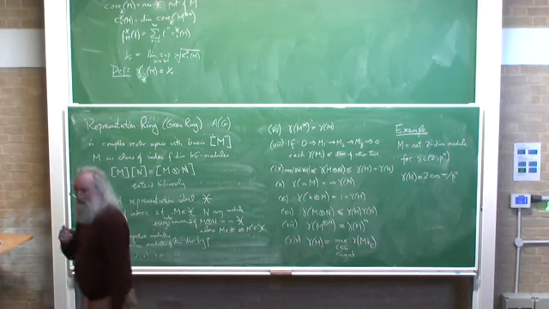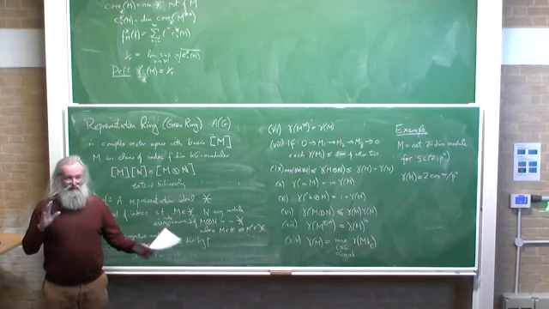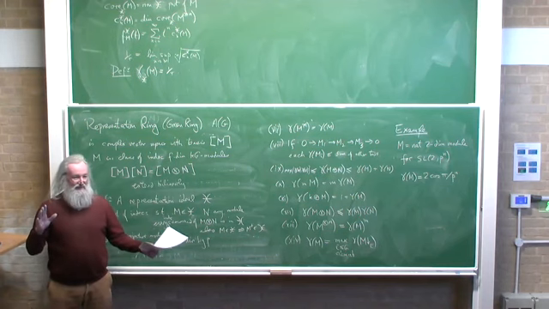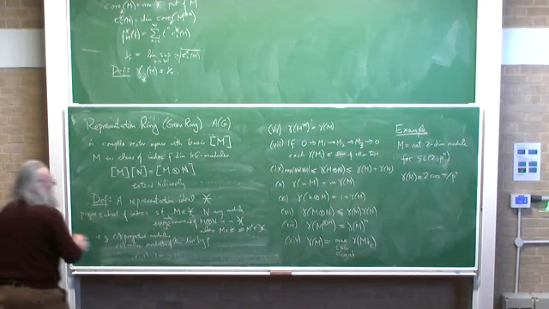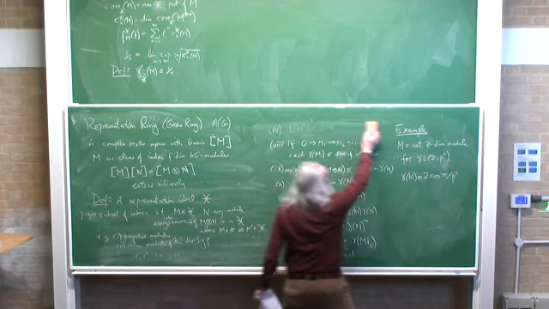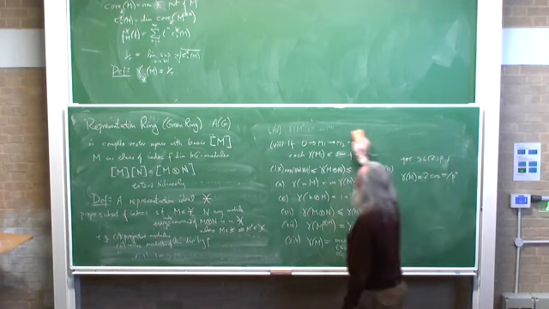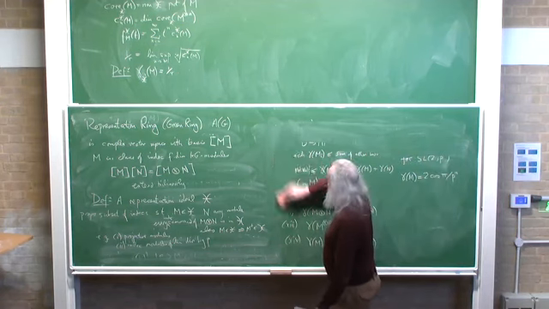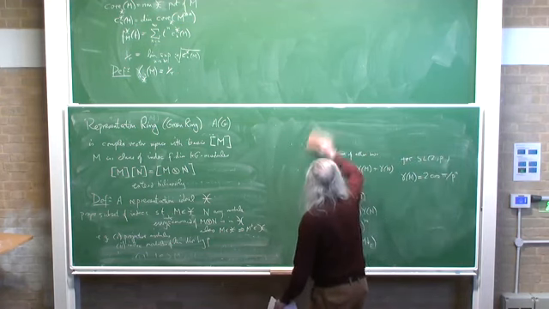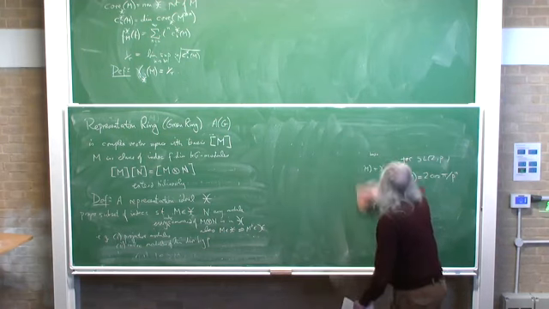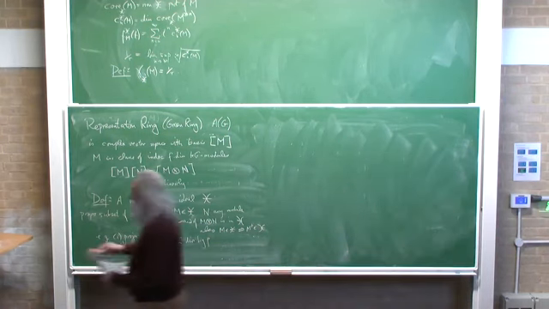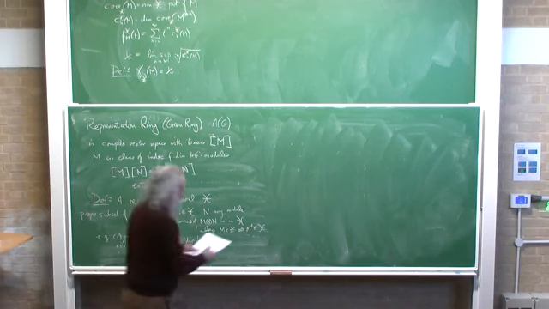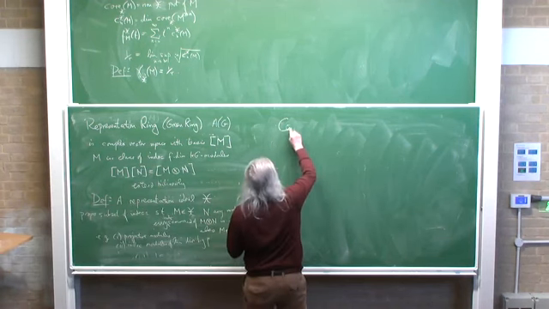So let me reassure you that I'm not going to assume that anybody in this room, including me, knows what a commutative Banach algebra is. And indeed, two years ago, I had no clue. So let me tell you what a commutative Banach algebra is.